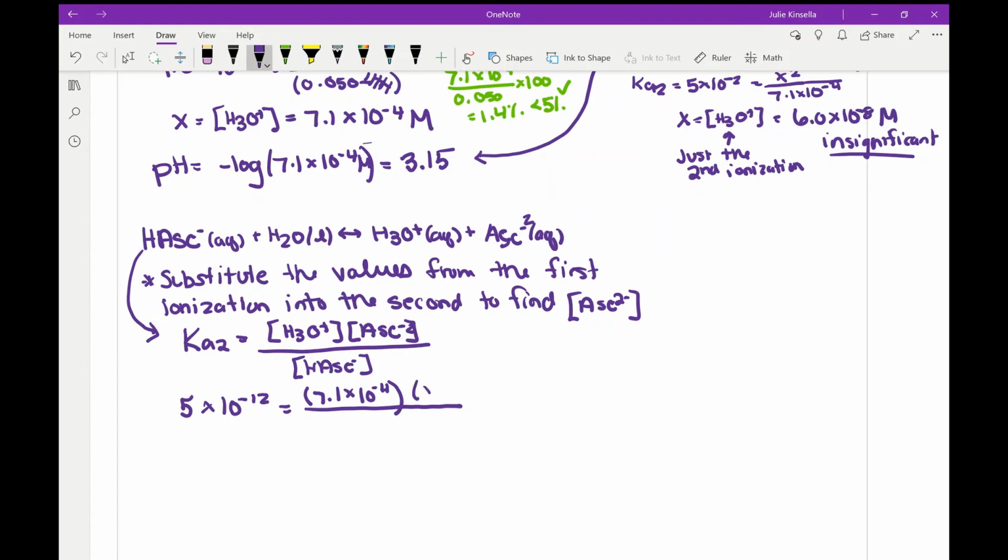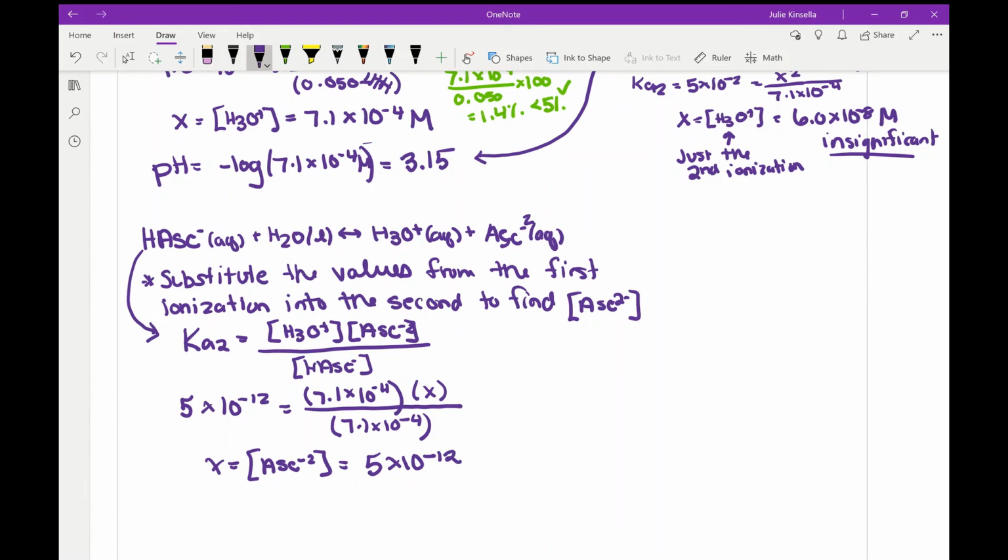We are then looking for the concentration of the ASC with the negative 2 charge. And we also know the concentration of HASC from the previous step, so we can plug that in. Then you're just solving for x, which is your concentration of the remaining ion that we're looking for. And when you solve that, you get 5 times 10 to the negative 12.